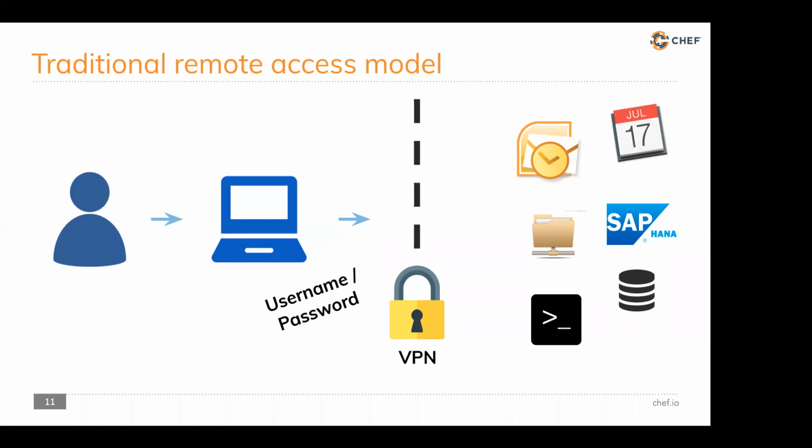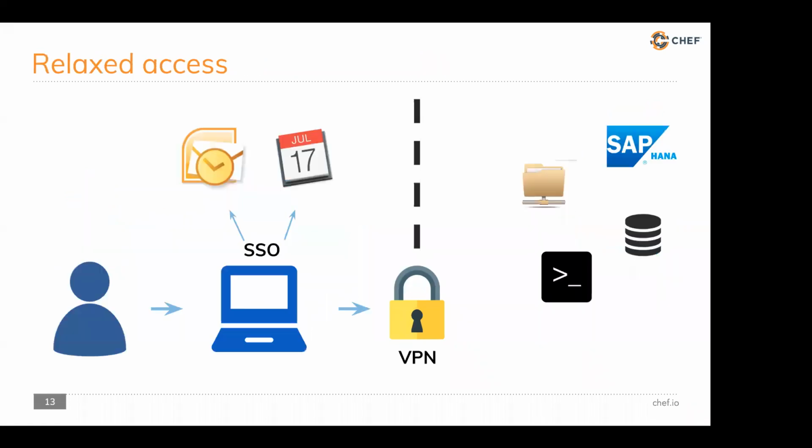Once you do that, your users are happy and you go on with life. We've also seen a relaxed view of this model, where maybe not everything is on the internal network, with SaaS platforms like O365 or Google Apps.